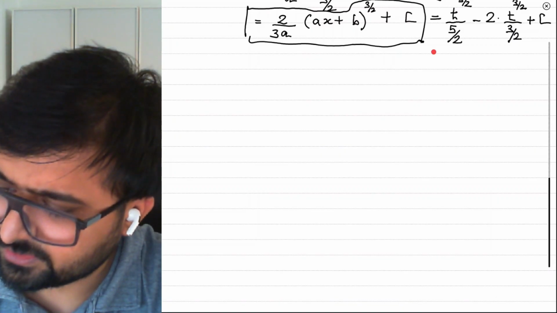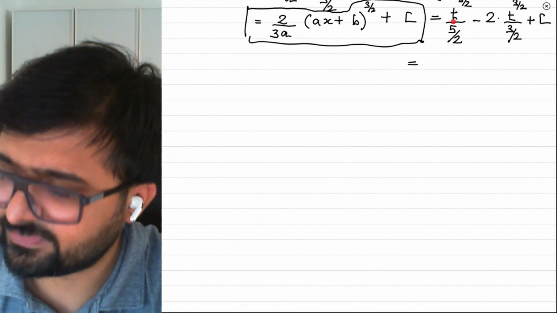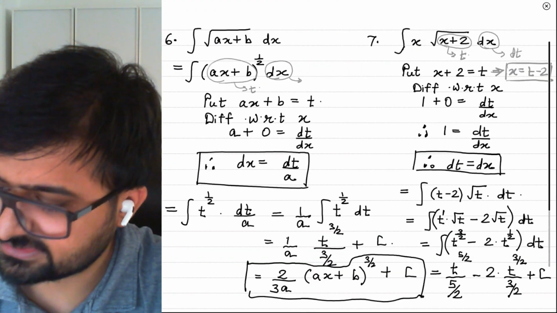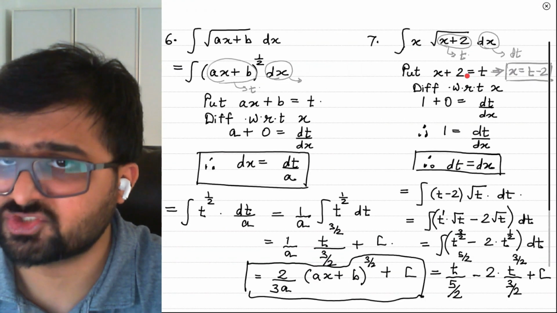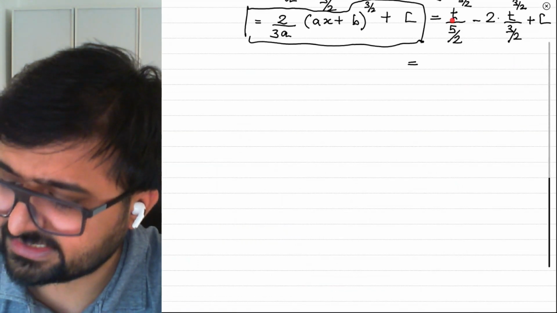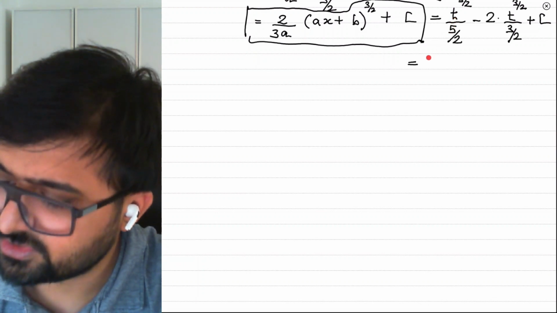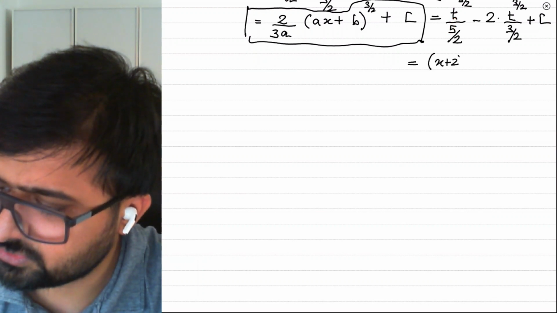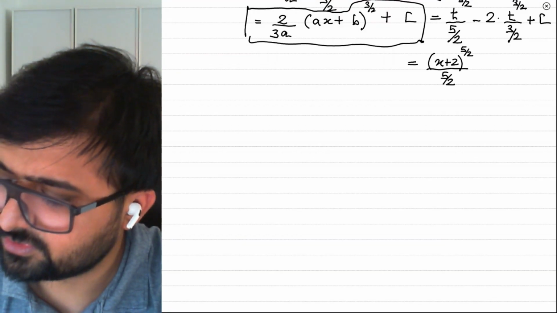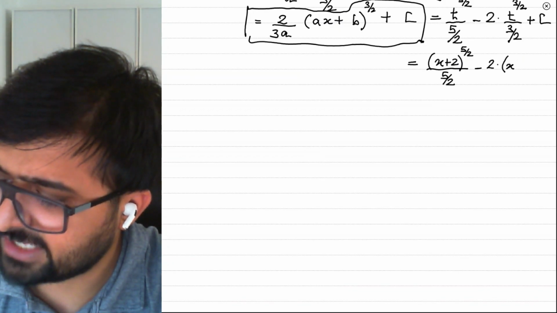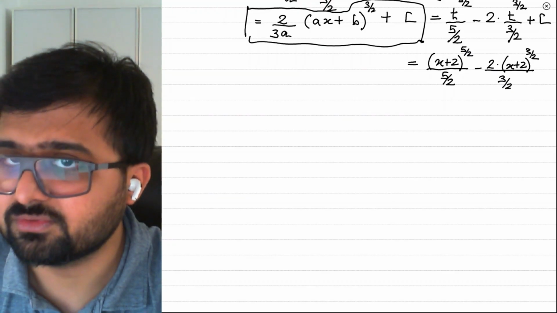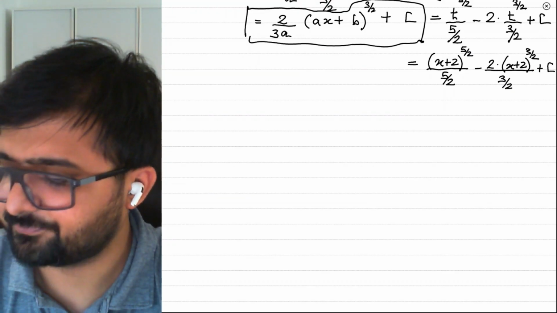Okay. Now we need to convert it again in terms of x. So we had put x plus 2 is equal to t. So now you can just replace that t again with x plus 2. So x plus 2 raised to 5 by 2 divided by 5 by 2, minus 2 times x plus 2 raised to 3 by 2 divided by 3 by 2, plus c.